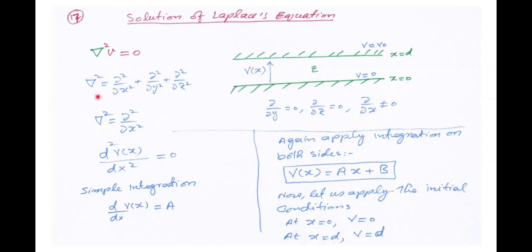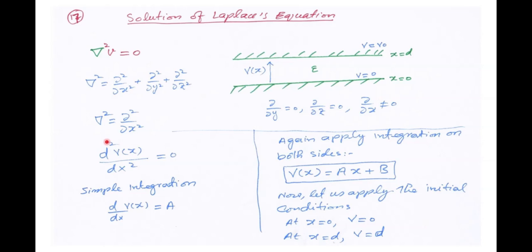So the Laplacian operator becomes partial square by partial x square, and the potential function only depends on x, so we can replace the partial derivative by total differentiation: d square by dx square of the potential function equal to 0.